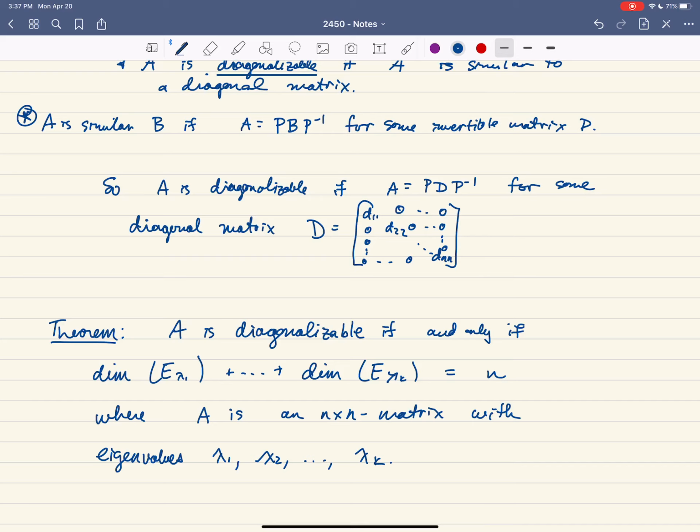So say there's k eigenvalues. Note that k has to be less than or equal to n for reasons that we've talked about. We can have at most n eigenvalues if A is an n by n matrix.